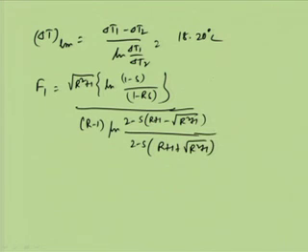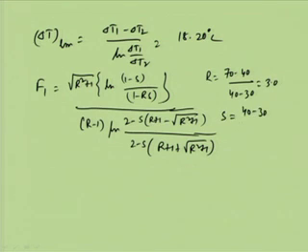Here r is equal to (70 minus 40) by (40 minus 30), and that is equal to 3.0, and s is equal to (40 minus 30), the change for the cold fluid, by the maximum possible change, 70 minus 30, that is equal to 0.25. So, these are the values.